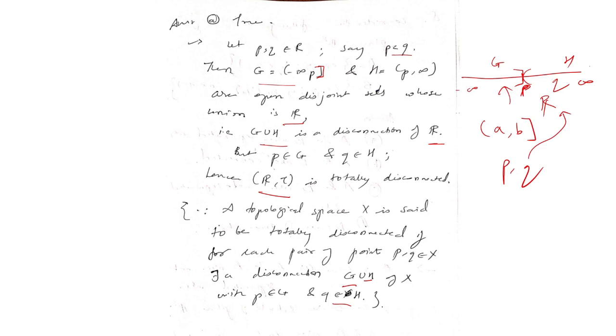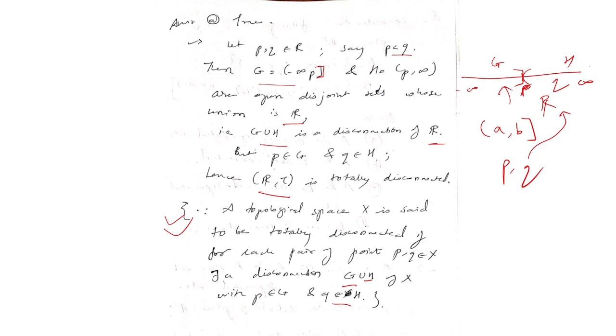So by the definition, one definition says that if any component containing X is a singleton, then that topological space is totally disconnected.